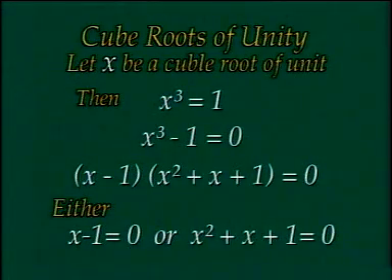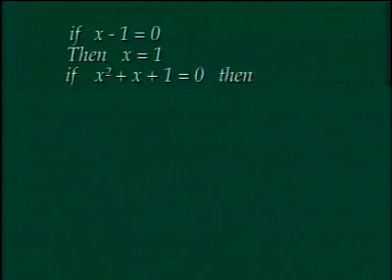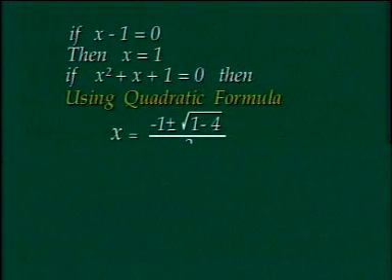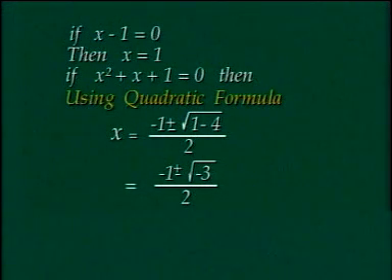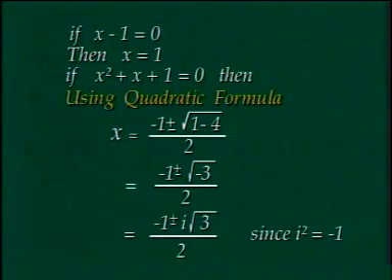That is, the second one, x square plus x plus 1 is equal to 0. So it will give you the value minus 1 plus minus root of 1 minus 4, divided by 2. Now 1 minus 4 is minus 3. That is minus 1 plus minus root of minus 3, divided by 2. Now we will change them into two factors because iota square is equal to minus 1.